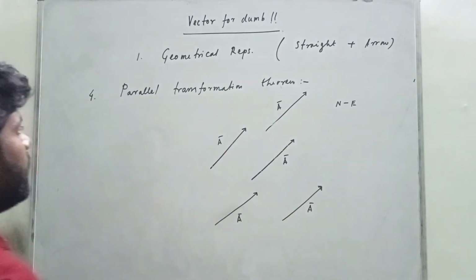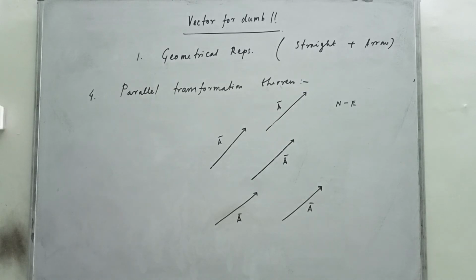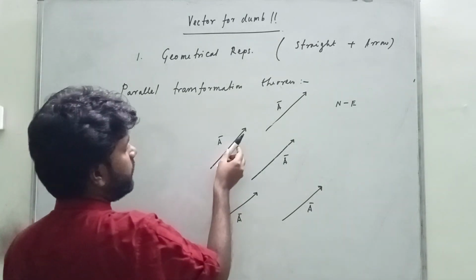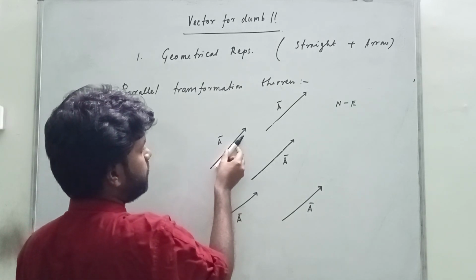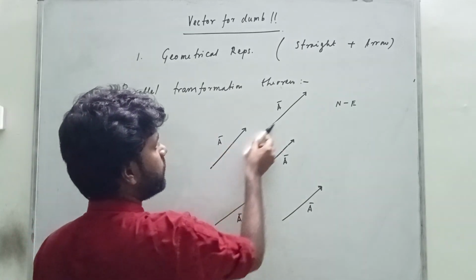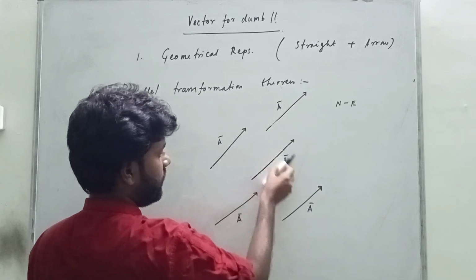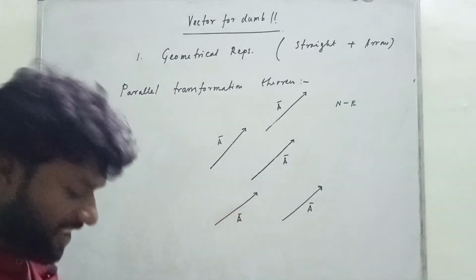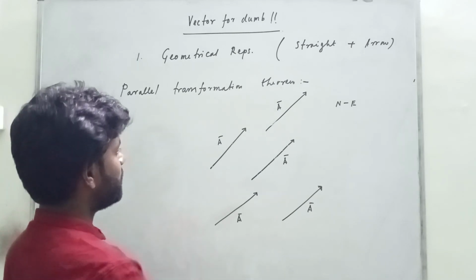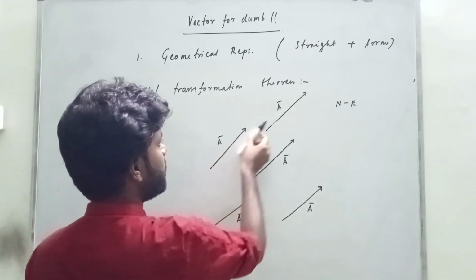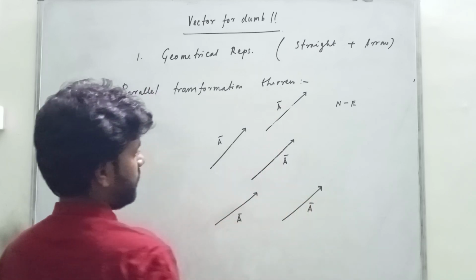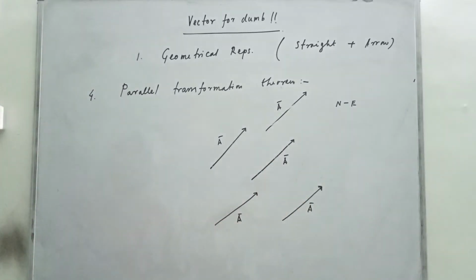So the parallel transformation theorem, or parallel shifting theorem, of vectors tells us that if you shift a vector parallel to itself without changing its direction, all the vectors remain the same, right?